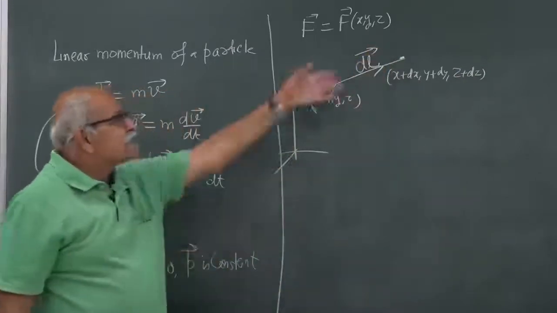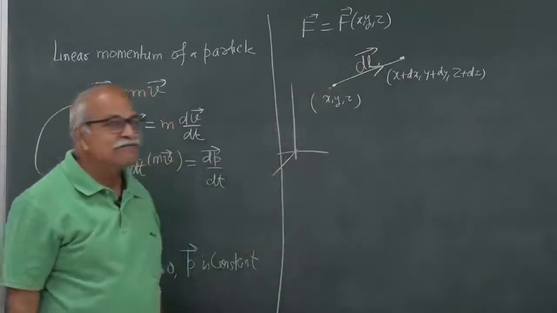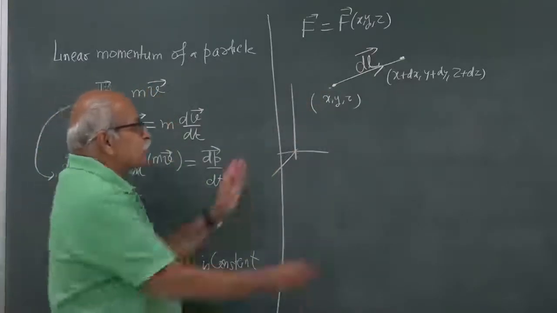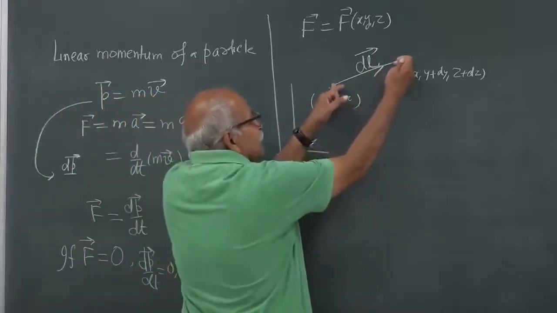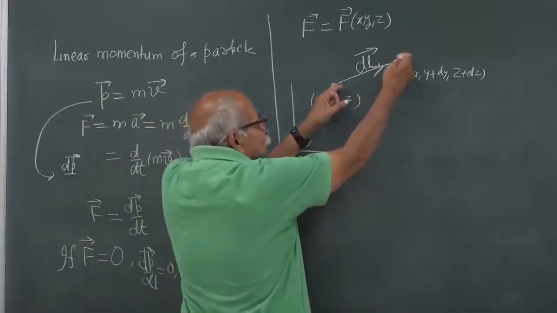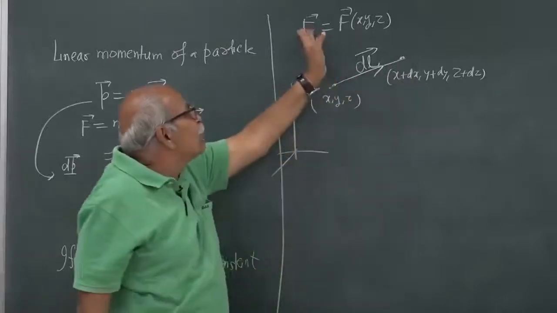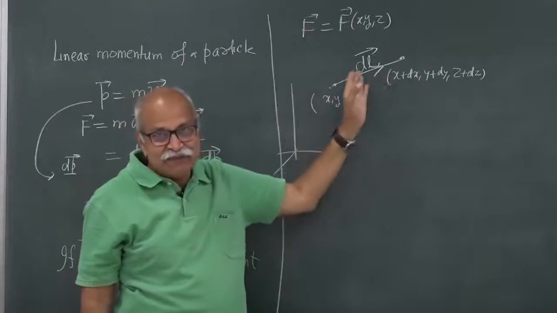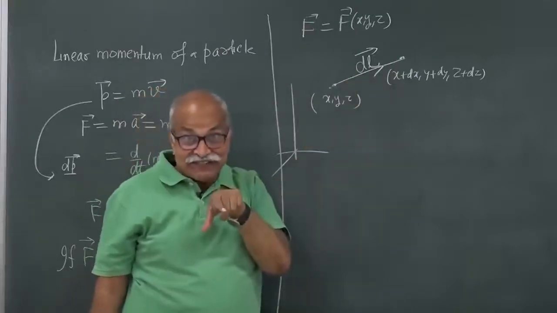People also call it dr vector. And then this is a small line segment. So, we assume that the variation of x within this is infinitesimally small. That is how calculus works.